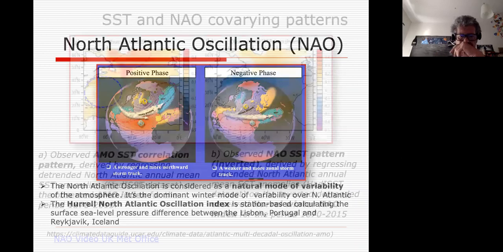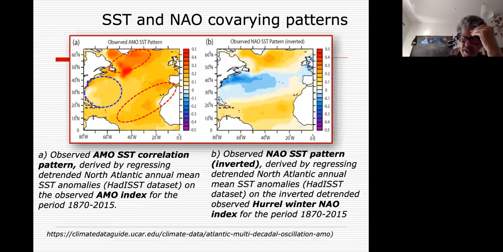And I mentioned the NAO because the NAO has always been proposed as the stronger correlation pattern with ocean variability.